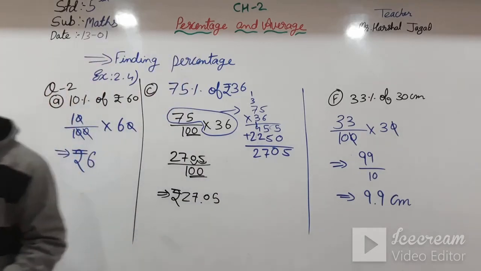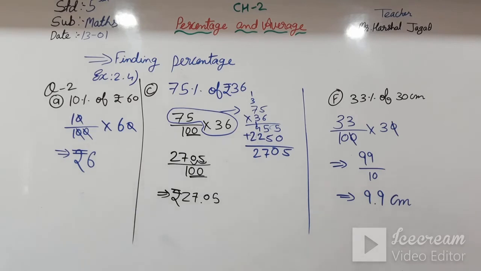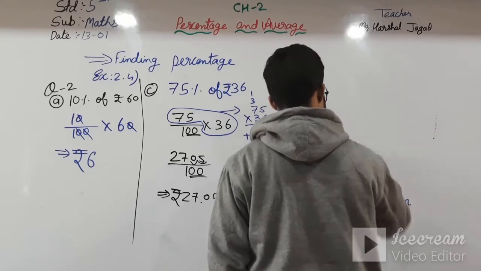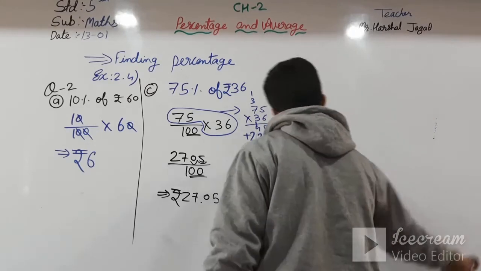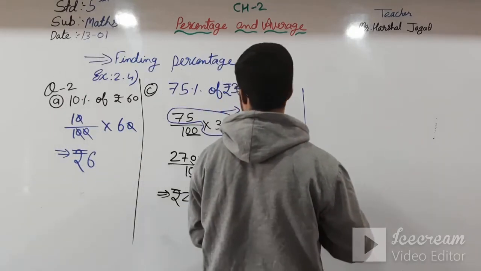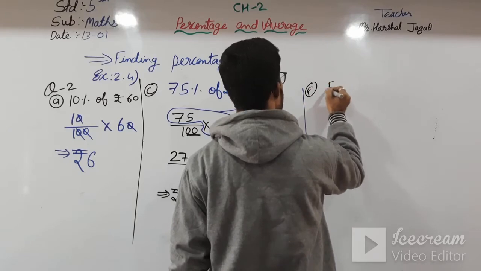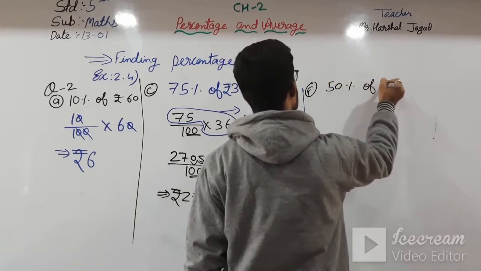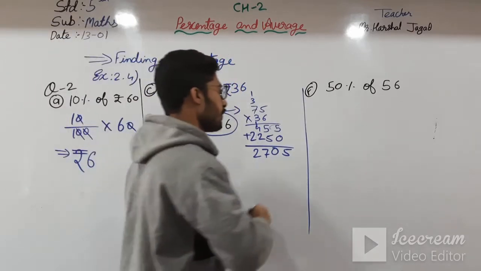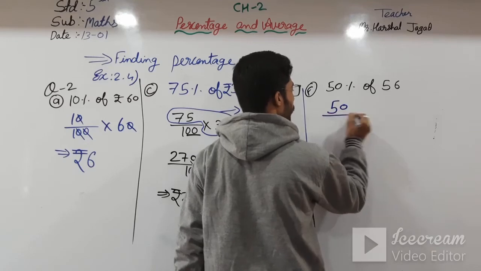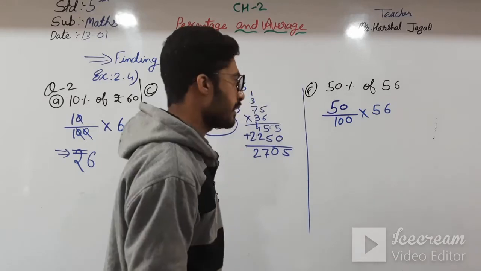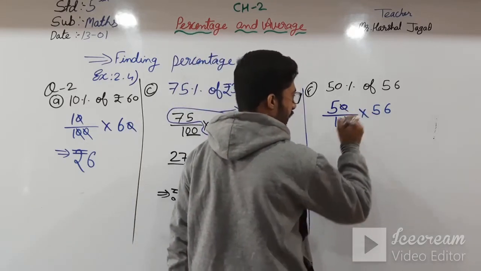Now moving further, we will do F. So F is 50% of 56. Then first of all we have to do like this, 50 upon 100 into 56. Yes or not, student? Yes. Then you can see here 0 0 can be cutted.